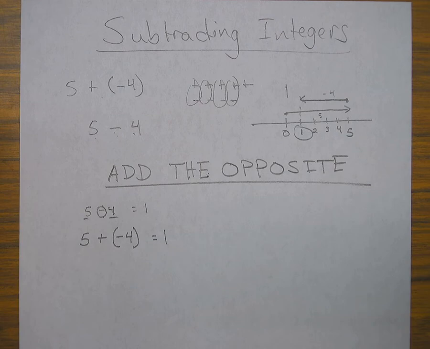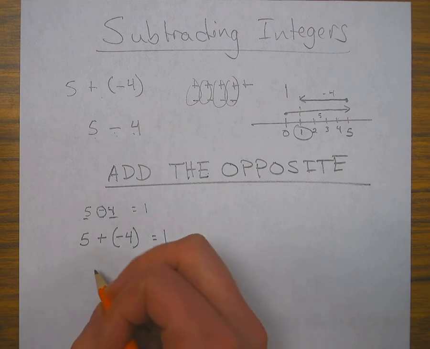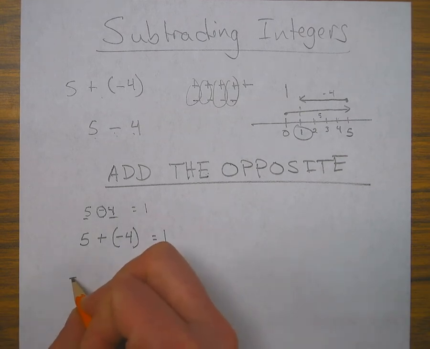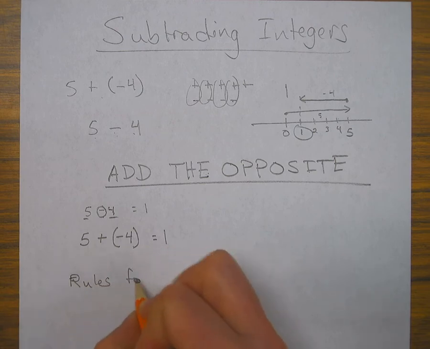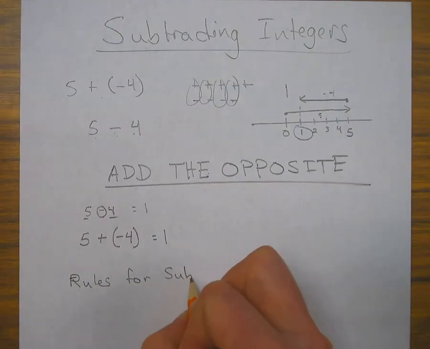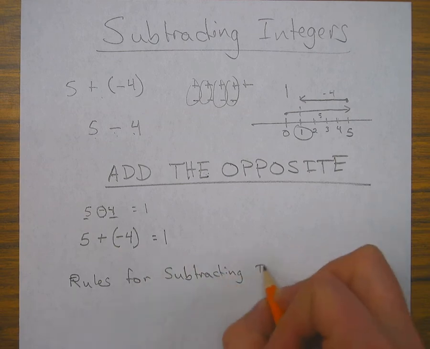Now, I'm going to give you some steps to make sure that that will work every single time. So we're going to have some rules for subtracting integers. I'm going to make it just like little notes here. Rules for subtracting integers.